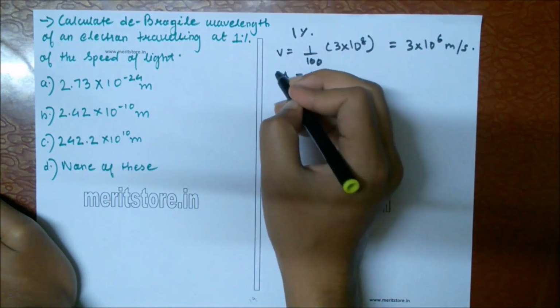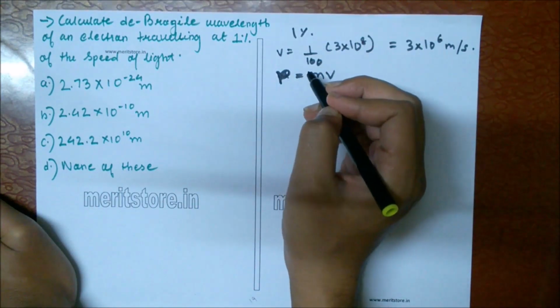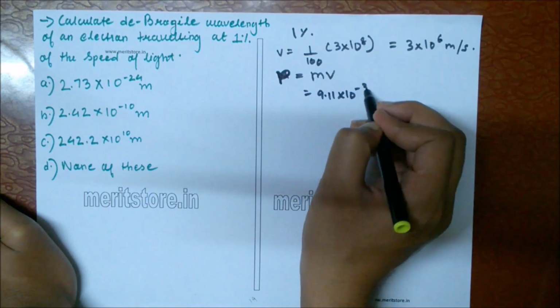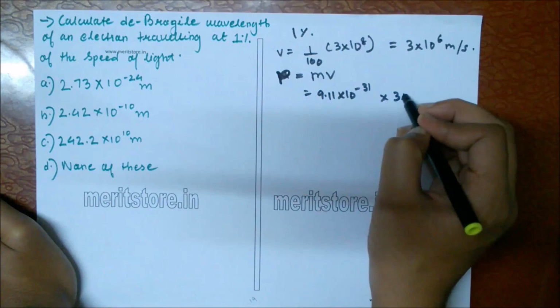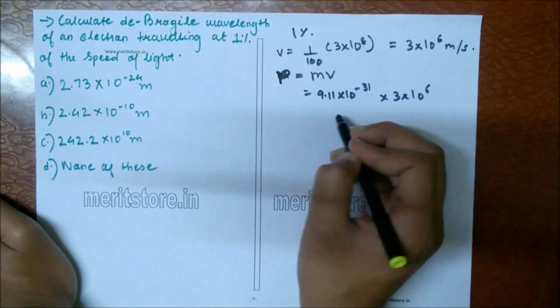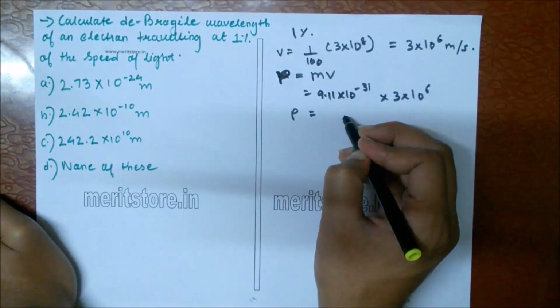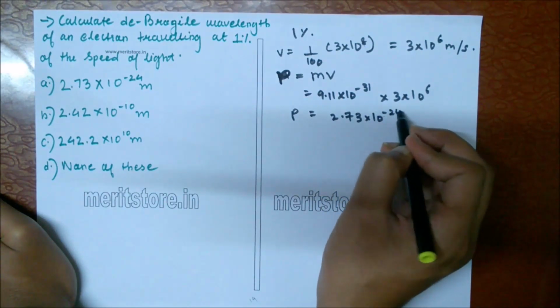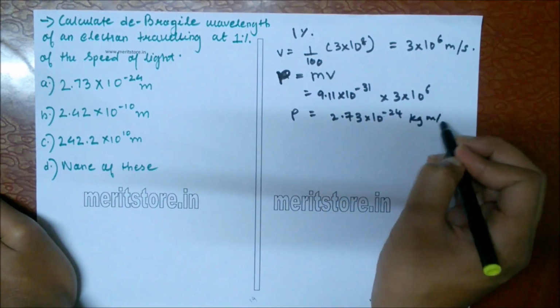We can denote momentum by p. So mass of electron is 9.11 into 10 raised to minus 31 kg into 3 into 10 raised to 6 is the speed. So momentum will be 2.73 into 10 raised to minus 24 kg meter per second.